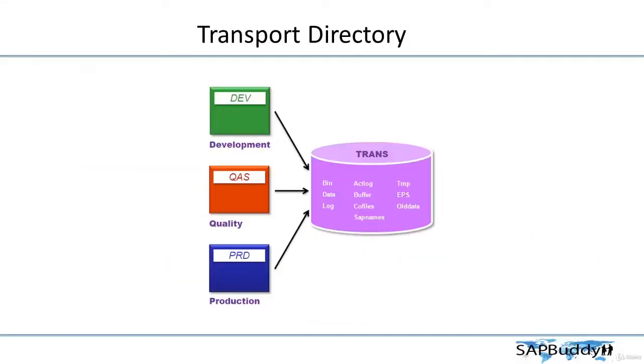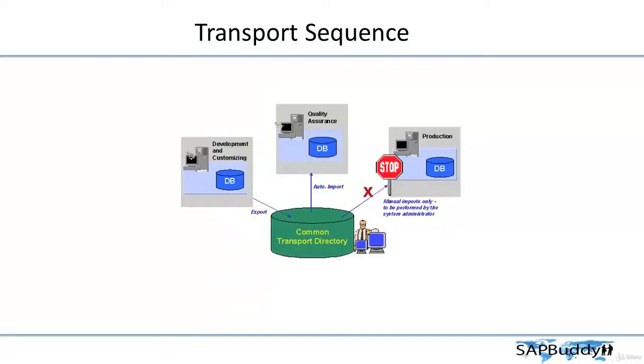So what we have seen is that this is the transport directory, which is used for different purposes, and this particular transport directory should be accessible for each SAP system in your landscape. The transport basically enables you to synchronize the customizing or the development activity in multiple systems in your SAP landscape, or to transfer the changes from your development system to quality and the productive systems.